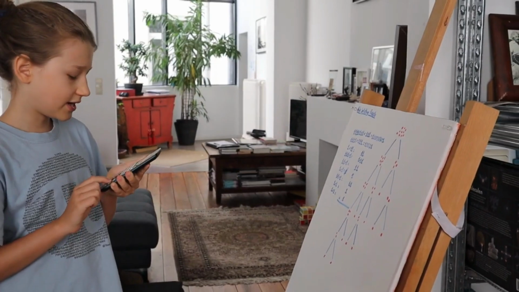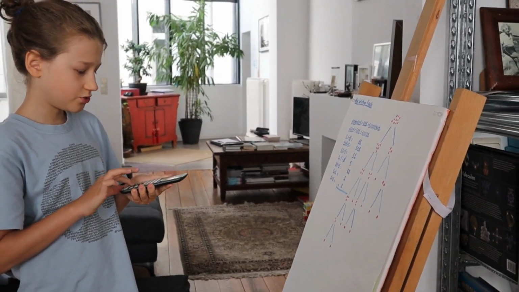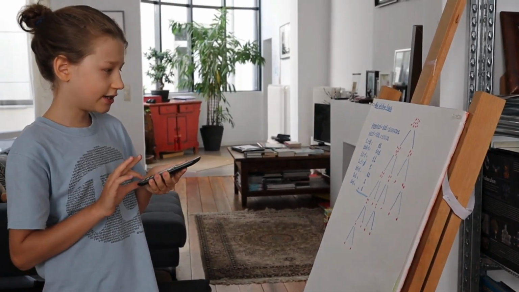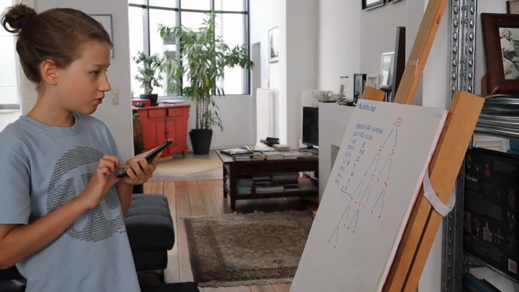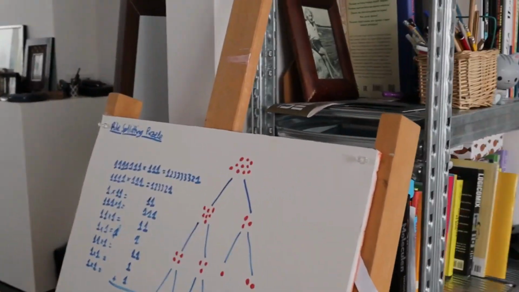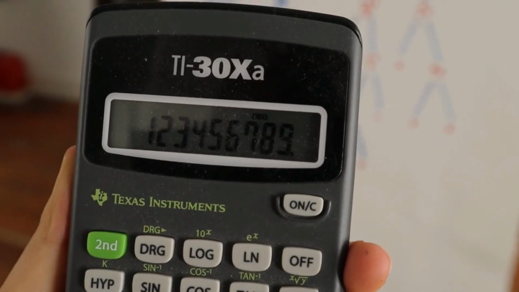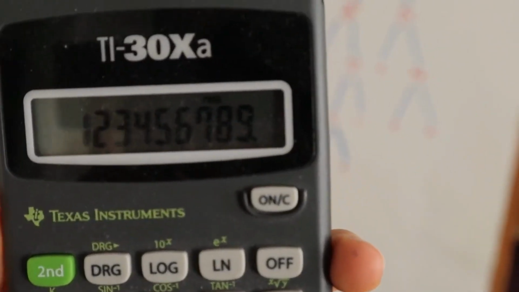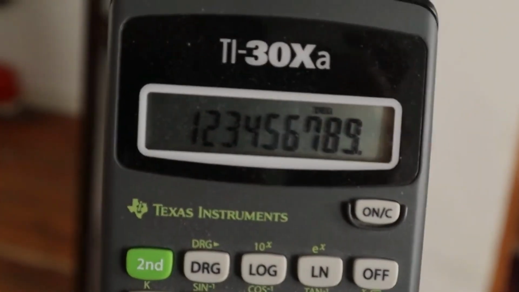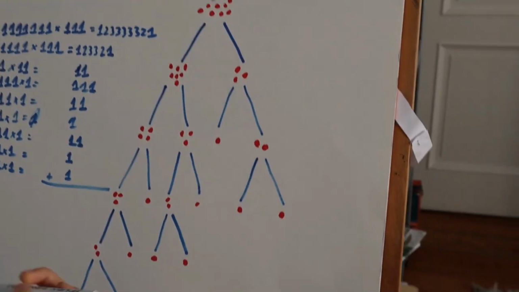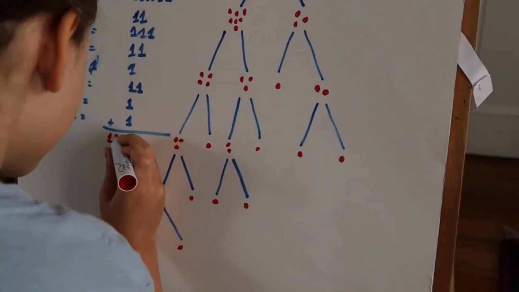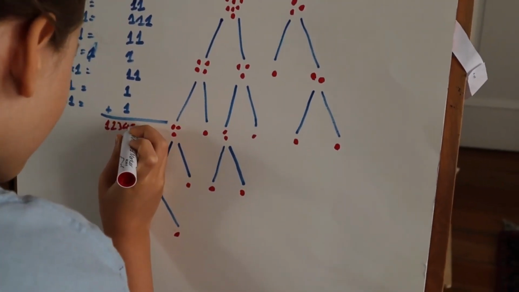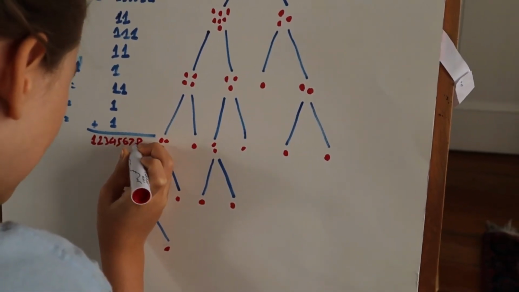Okay, and then we're gonna add 1, 2, 3, 3, 2, 1. Add 11, add 11, add 11, add 1, add 1, add 1, add 1 equals 1, 2, 3, 4, 5, 6, 7, 8, 9. We get 1, 2, 3, 4, 5, 6, 7, 8, 9. So those are consecutive numbers. Yeah, it's counting up. It's really cool.